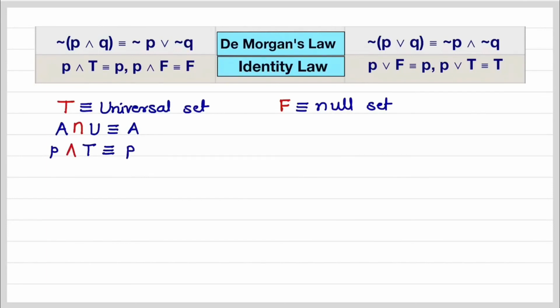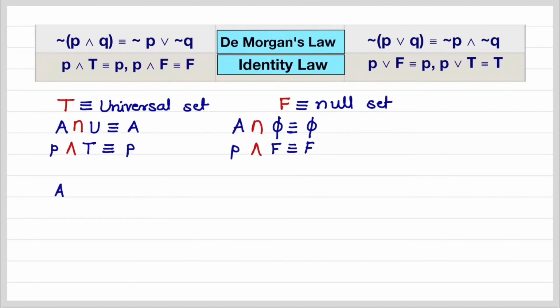In the same way, A intersection phi is equivalent to phi. Now replace intersection by conjunction and phi by F. We get P conjunction F is equivalent to F. A union phi is equivalent to A. In logic, P or F is equivalent to P. In the same way, A union the universal set is equivalent to the universal set.